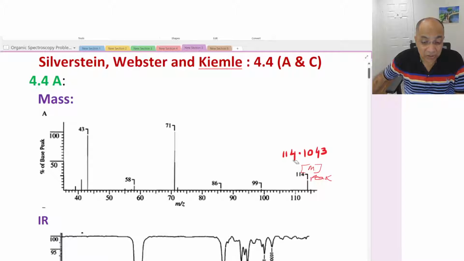I may try to reiterate that if the M+ peak data, the molecular mass, is given with such a precision, at least correct up to 3 places of decimal, then this molecular mass will represent a unique formula. There cannot be a second formula having this exact molecular mass.